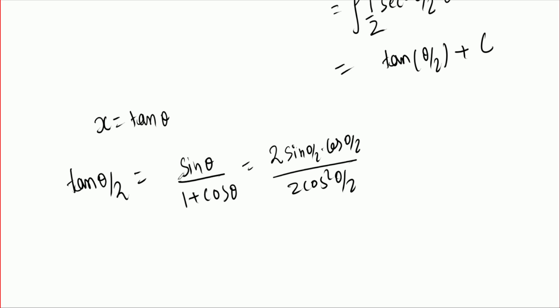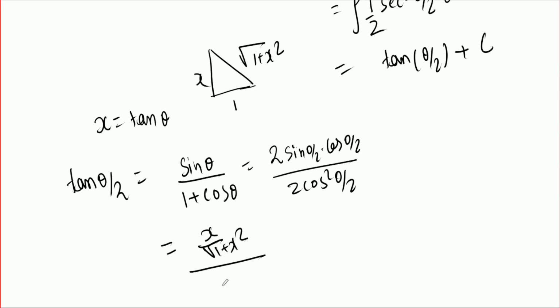Okay, so anyway, this is your sin theta over 1 plus cos theta, and we have x equal to tan theta, right? So if I draw a right angle triangle, this is your x, this is your 1, and this is your root 1 plus x square, right? So sin theta is x over root under 1 plus x square, and cos theta is 1 over root under 1 plus x square.